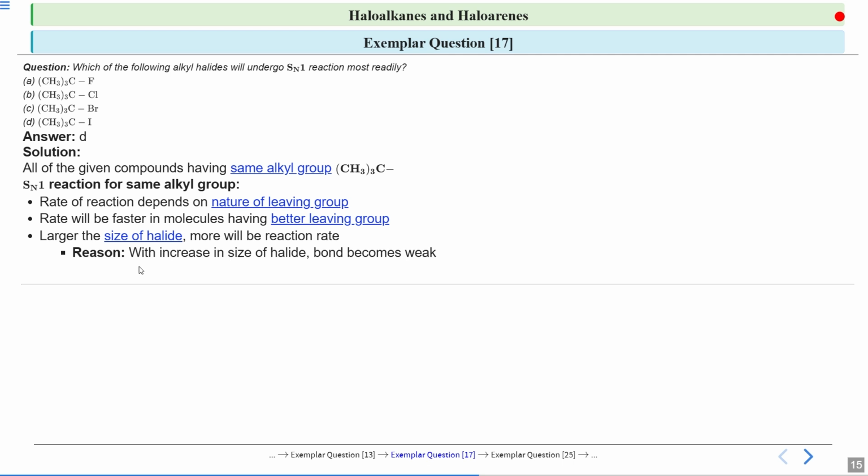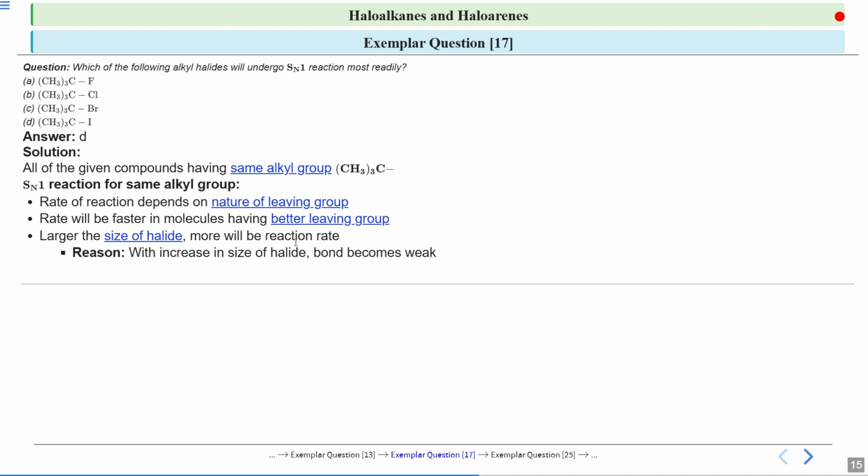So the reason behind this fact is that with the increase in size, as you go down the halogen group from fluorine to iodine, the size increases, right? And with the increase of the size of the halide, the bond it forms with the carbon in the alkyl halide becomes weak. That means it will be easy to break that bond.